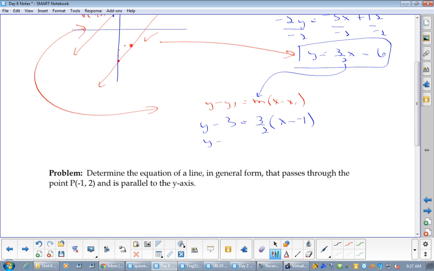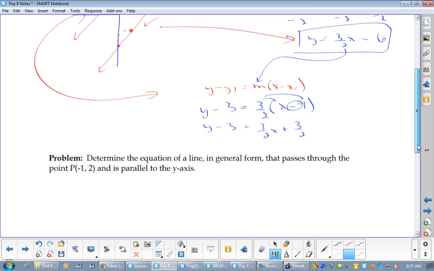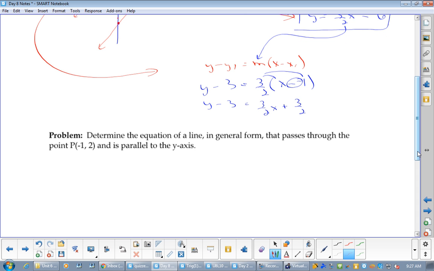So y minus 3 equals 3 over 2x. Now this is plus 1, right? Plus 3 over 2. Okay? Now, students loved this part yesterday. It was hard for them to even keep the smile off their face when they asked me how to do these.